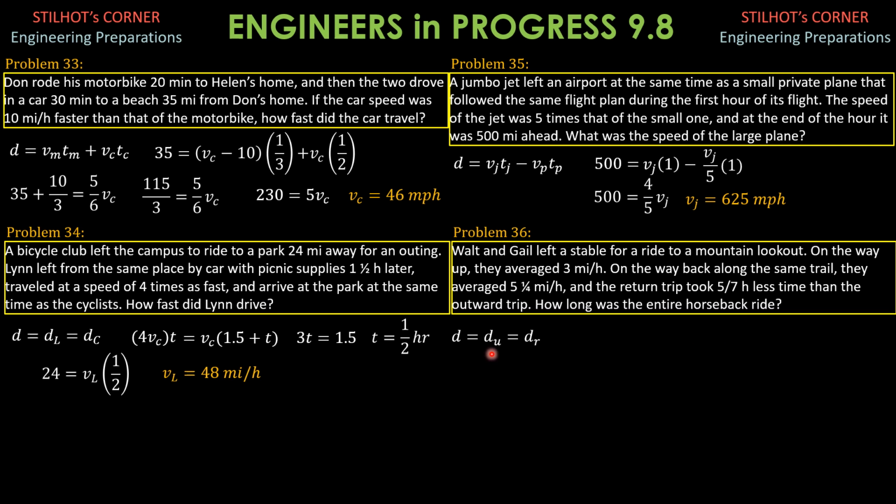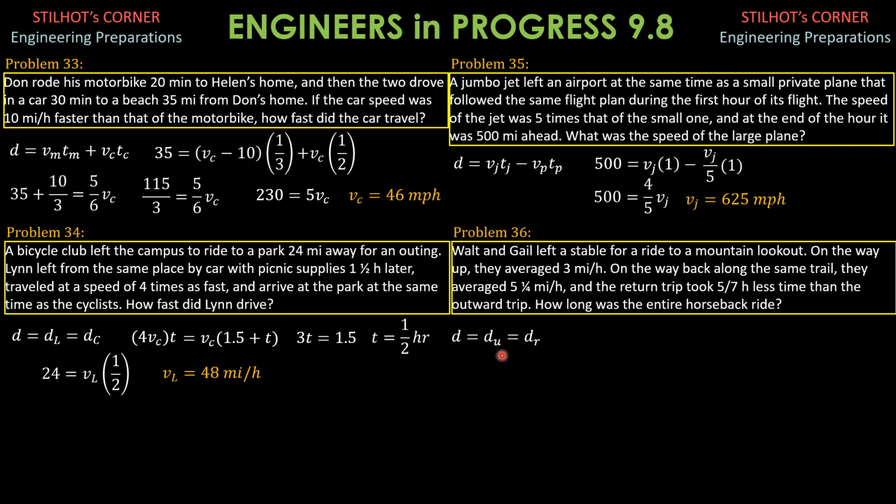So distance d sub u equals the distance of the return trip. We'll double this after we solve for the travel time going outward or uphill.